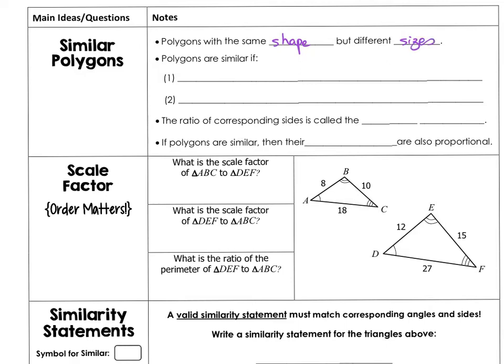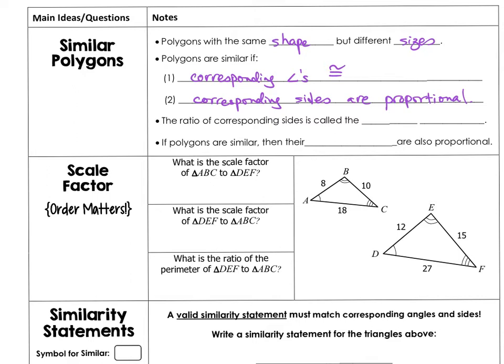More specifically, we say that they're similar if their corresponding angles are congruent, and their corresponding sides are proportional. Seems to be common sense.